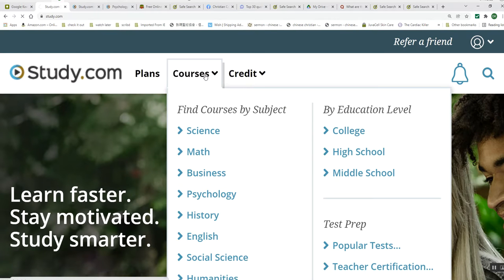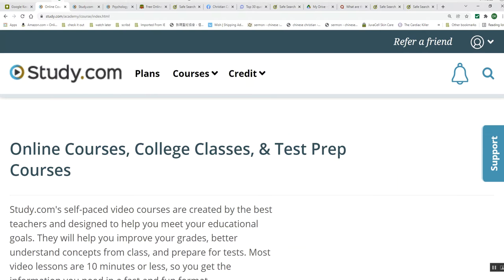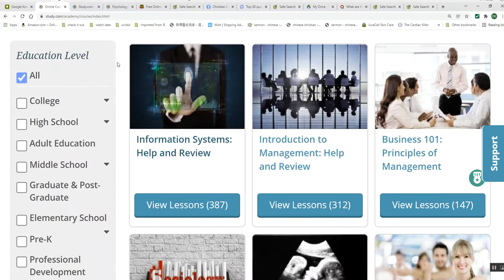It has courses. First, it has different sections. One is educational level, from preschool all the way to college and professional development. The default is always all.